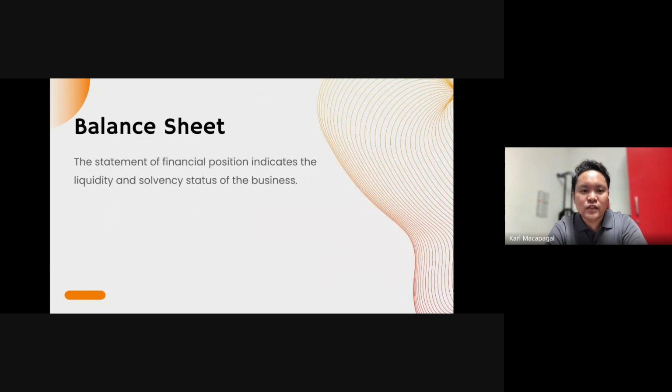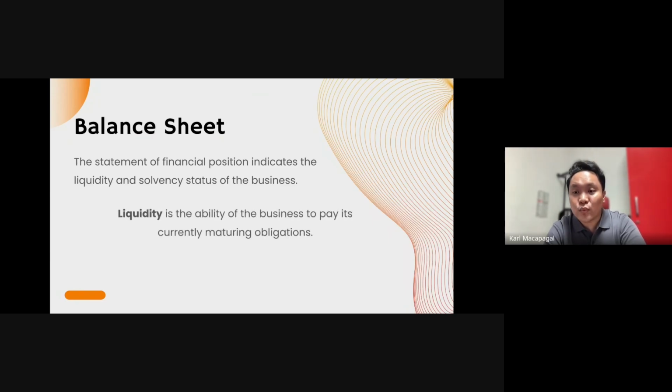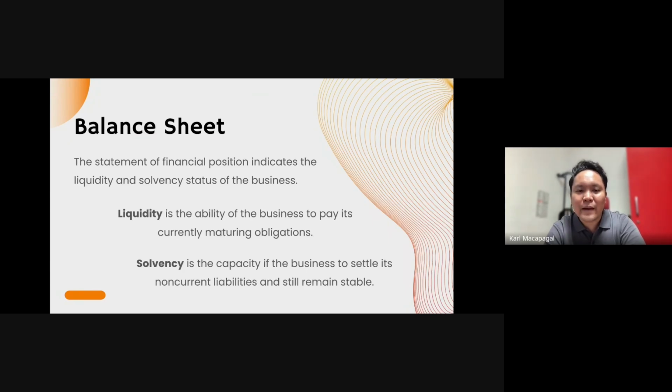So the balance sheet indicates the liquidity and solvency status of the business. Liquidity means the ability of the business to pay its current maturing obligations, which is evident in your current liabilities, while solvency is the capacity of the business to settle its non-current liabilities and still remain stable.